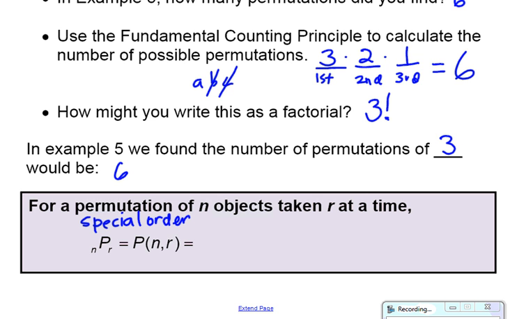You always see the total number you have to choose from first, and the number of spots we have to fill second. It's n factorial over n minus r factorial. You do not need to memorize that. We'll be using our calculator to do those things.